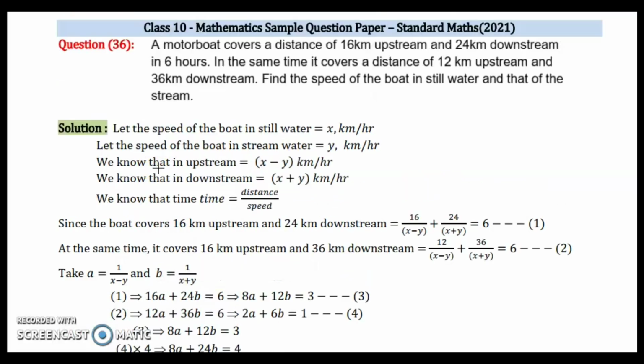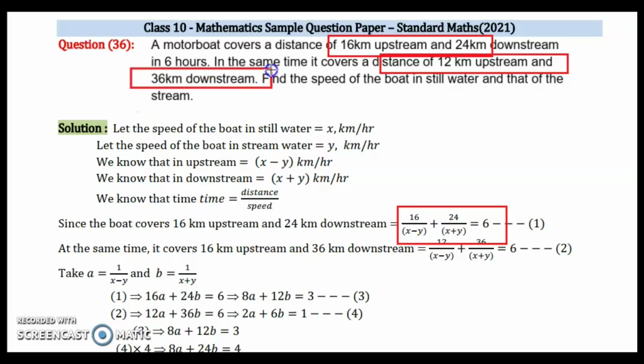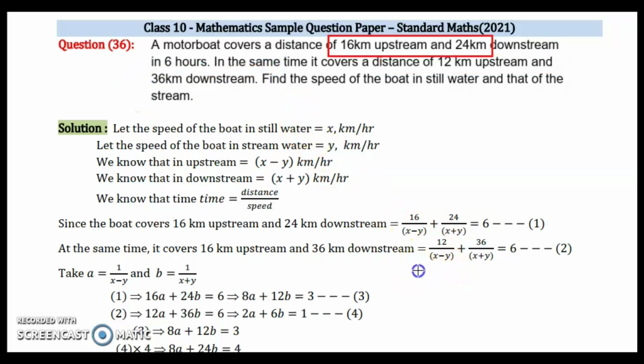Therefore, the first situation, 16 km upstream and 24 km downstream, is 16 by x minus y plus 24 by x plus y equal to 6. The same thing, 12 km upstream and 36 km downstream, is 12 by x minus y plus 36 by x plus y equal to 6.